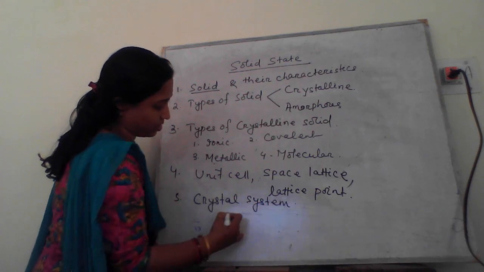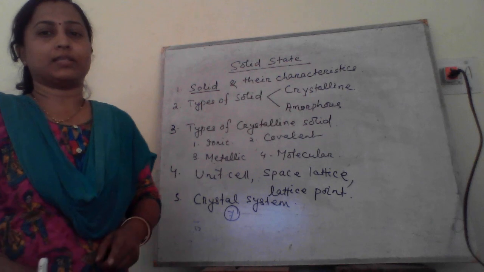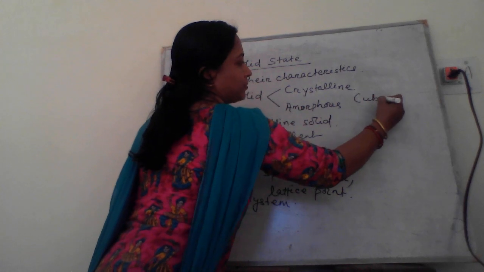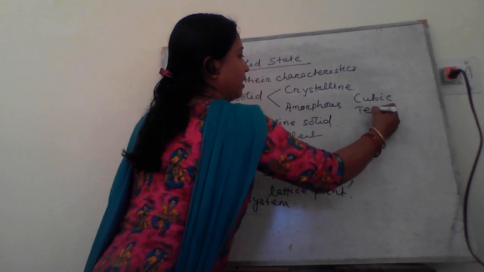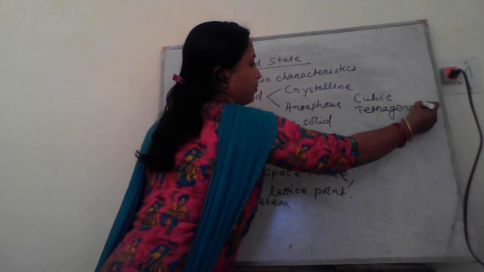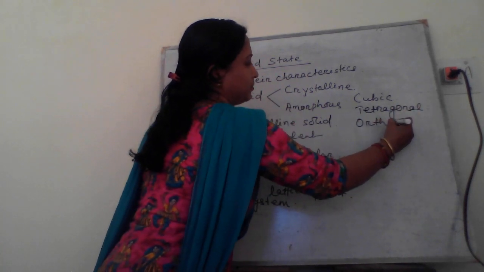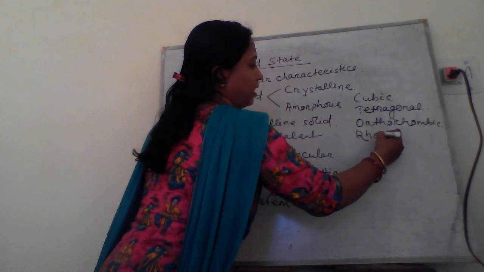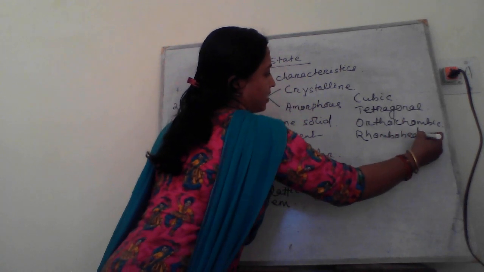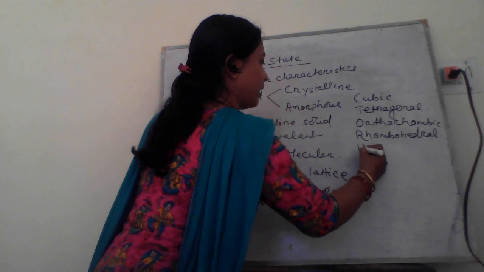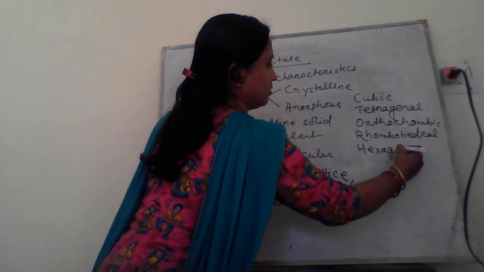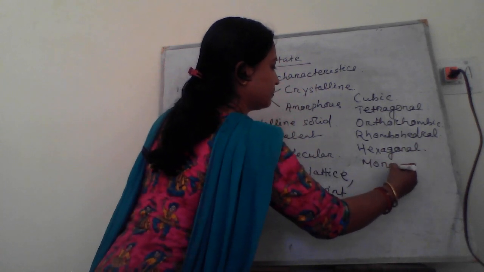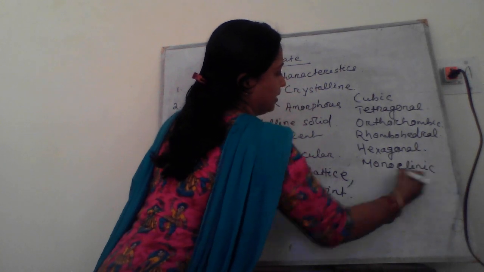So there are 7 types of crystal system, that is C stands for cubic, tetragonal, orthorhombic, rhombohedral, hexagonal, monoclinic and triclinic.